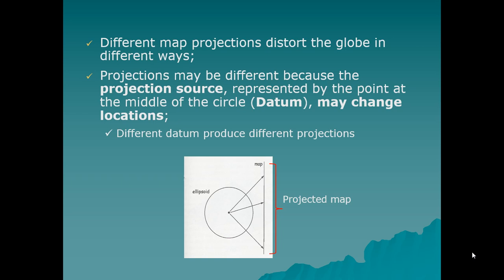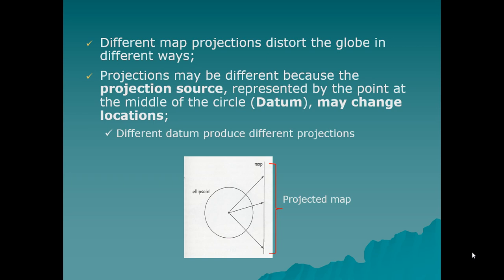So across the Earth we use different types of map projections. Different countries use different map projections. The larger the landmass that belongs to a country, the greater the likelihood that you will have multiple map projections. And each map projection will have distortions of map features in different ways.